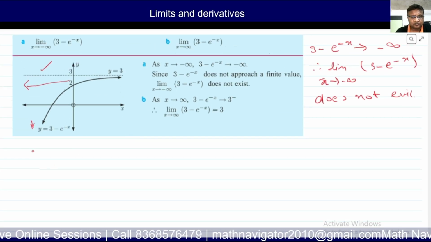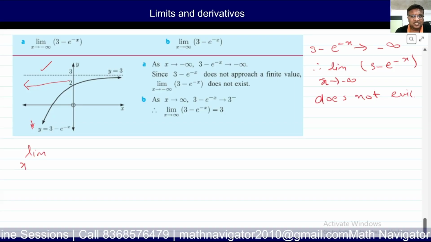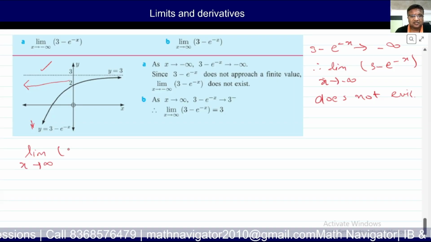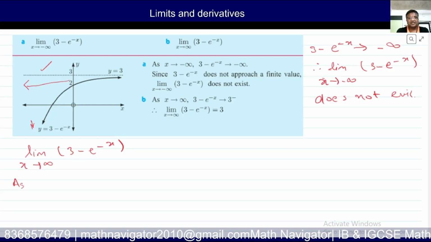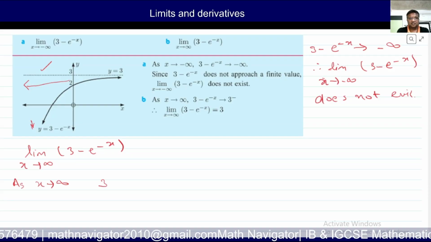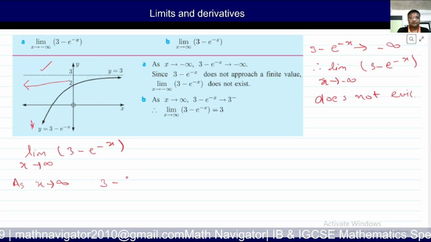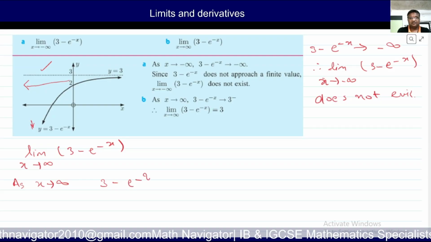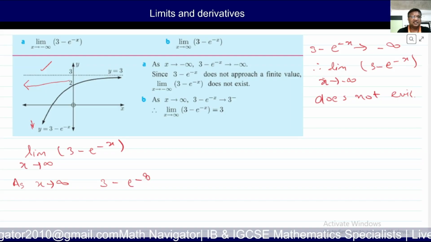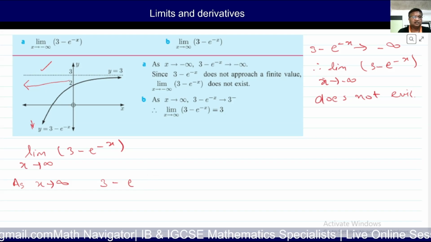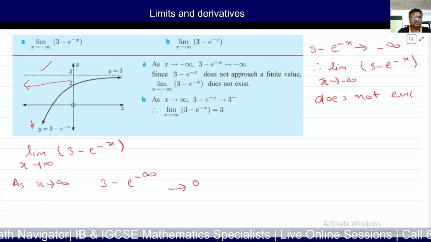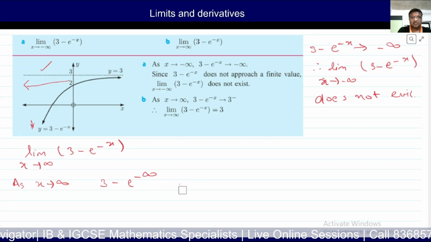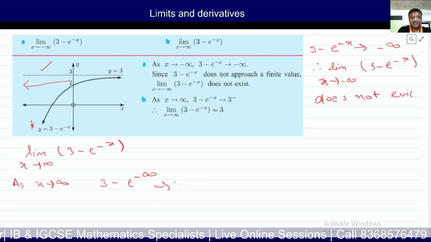Let's see. So limit x tends to infinity, 3 minus e raised to the minus x. As x tends to infinity, e to the minus infinity, e to the minus x tends to 0, so the expression tends to 3, right?